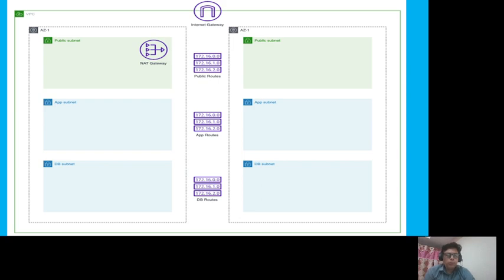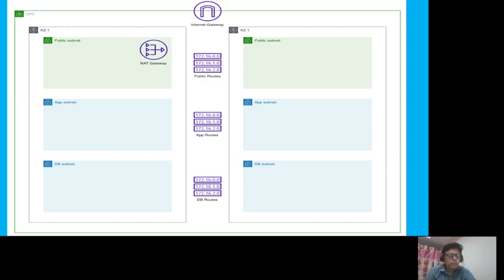Key components to look into, apart from the VPC, are the internet gateway, the routing table and the routes within the table, and these different subnets. One important point to focus on is the NAT gateway. What we see in the architecture is that on availability zone 1, in the public subnet, we have one NAT gateway configured.